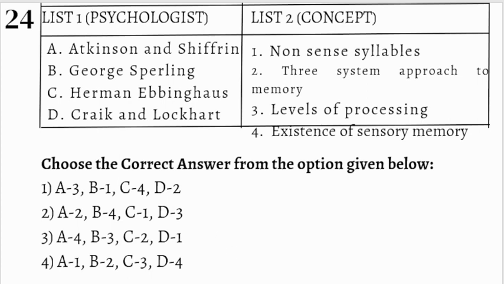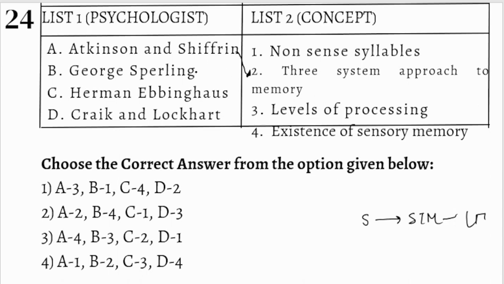Okay, let us read the question. So Atkinson and Shiffrin gave us the 3 system approach to memory. Right, they talked about that first of all we have our sensory memory, then it moves to short term memory, then long term memory. Right, so 3 system approach to memory.